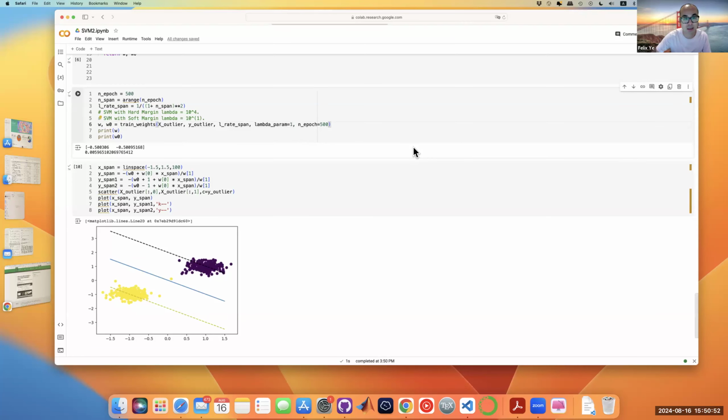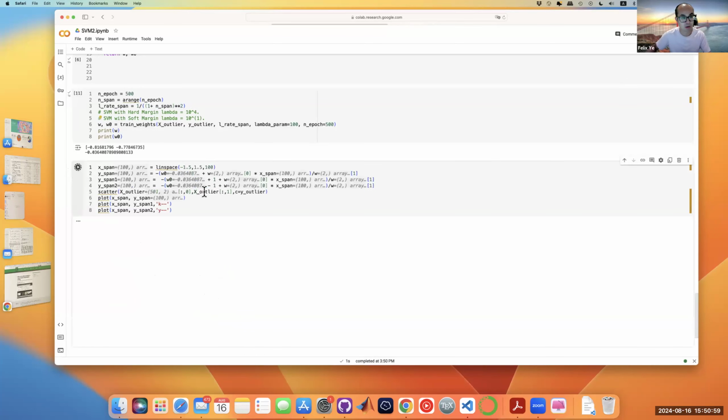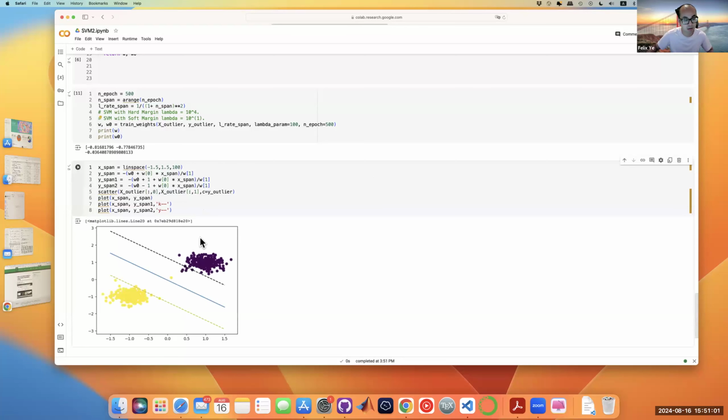If we change this lambda into 100, you can see there will be less and less points that will be allowed to cross this margin boundary.